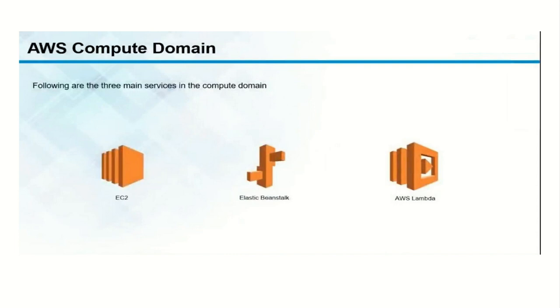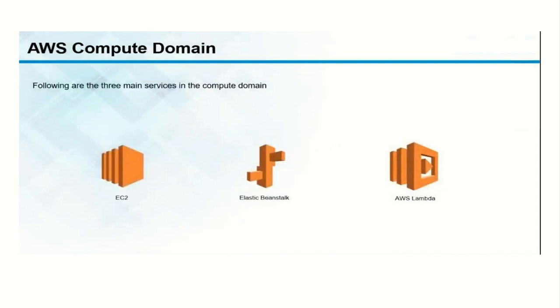So we can choose what kind of instance we want to launch, right? Elastic Beanstalk is used to deploy an application. Basically we just upload our code and our application is deployed on the AWS infrastructure, right? So this is what Elastic Beanstalk is all about.